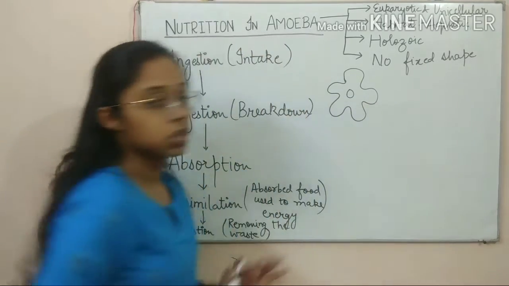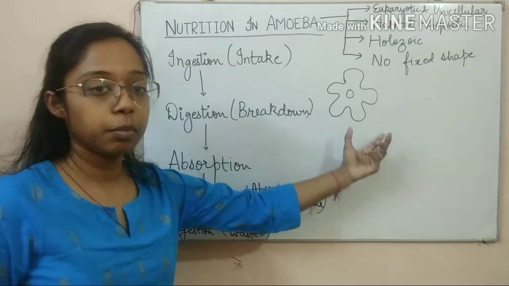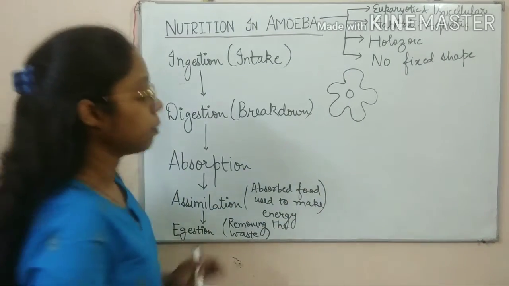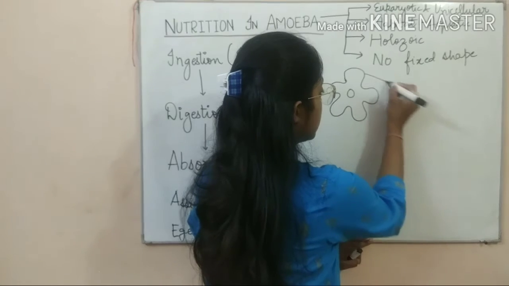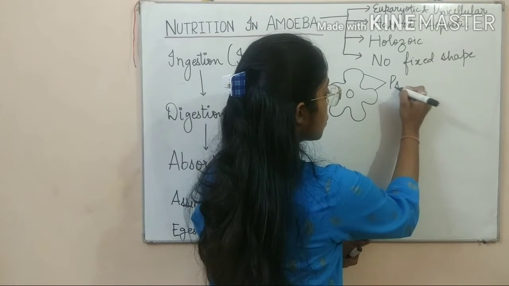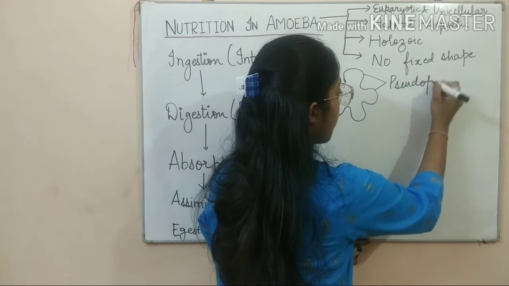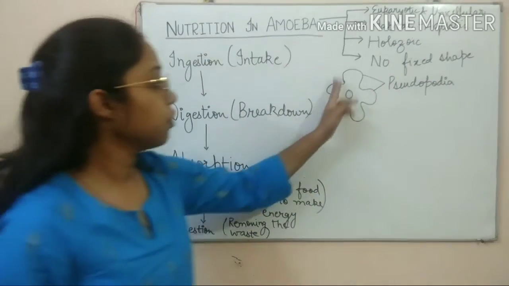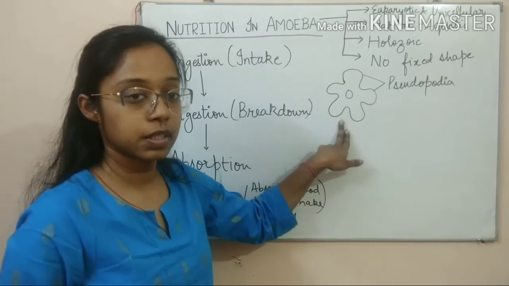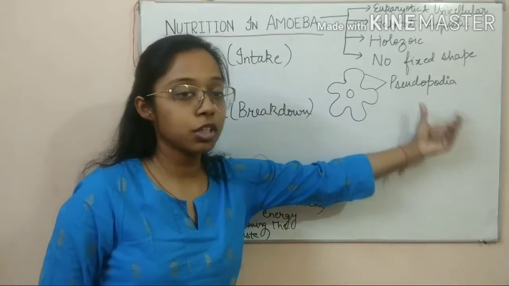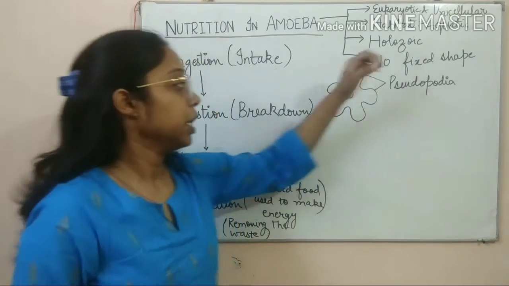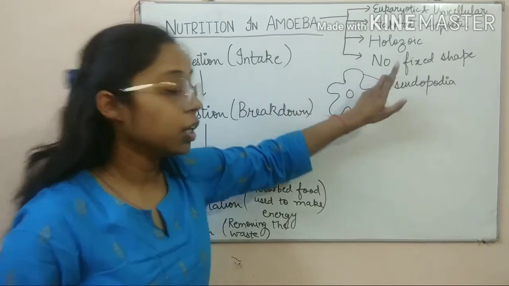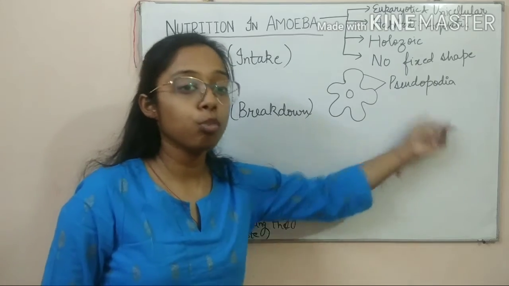So, let me just label a few things in amoeba which we'll use to explain nutrition in amoeba. First, these are pseudopodia, means false feet, or we can say the finger-like projections. Why do we call it false feet? Because it's the body part of amoeba, but it also helps in locomotion of amoeba.